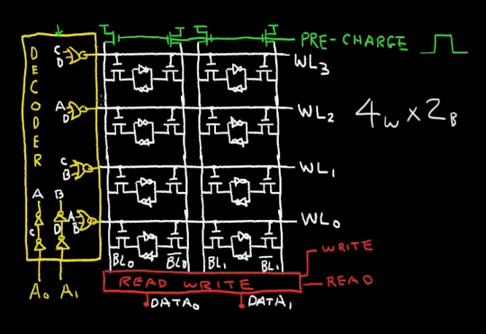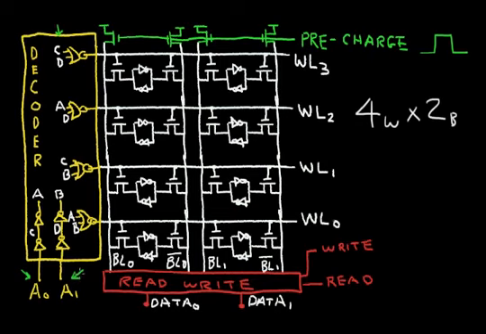The part shown in yellow is a decoder circuit, and what that does is it selects one word line to go to a high level, and only one word line is allowed to go to a high level at a time, so we don't get conflicts of data. This particular decoder has two address inputs, A0 and A1.